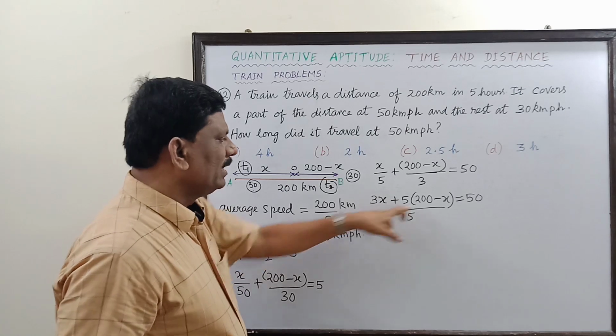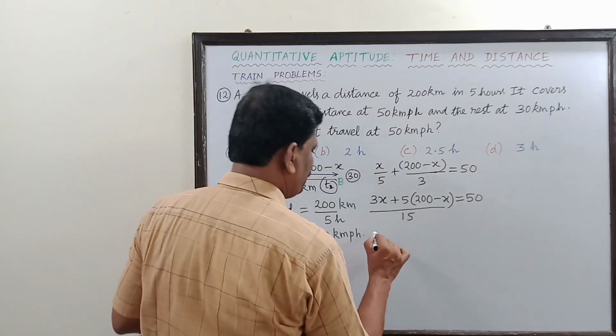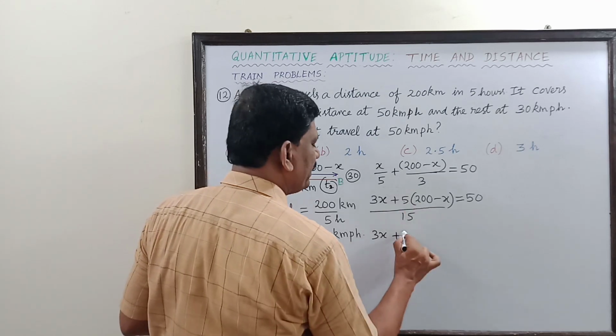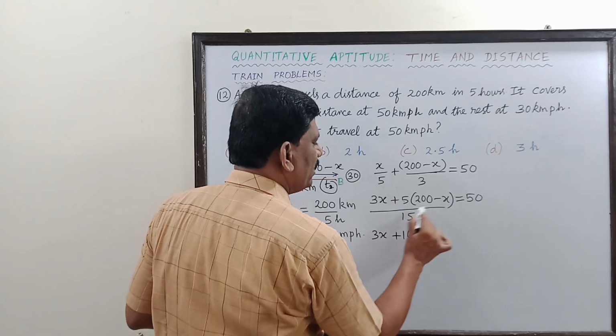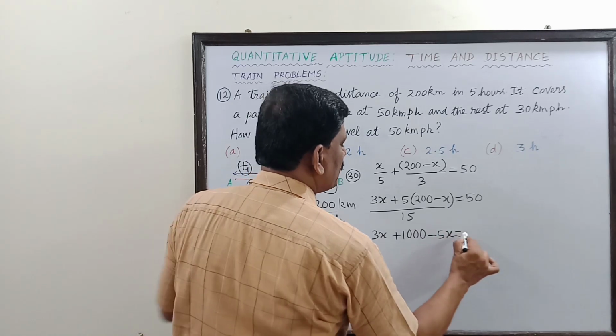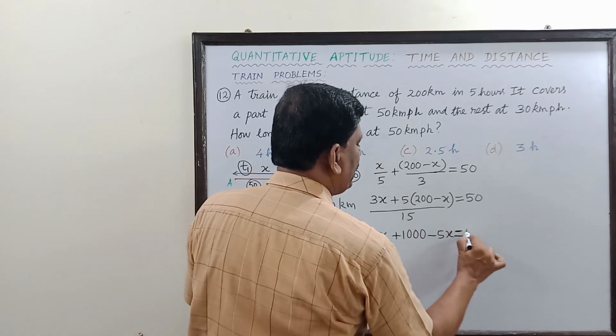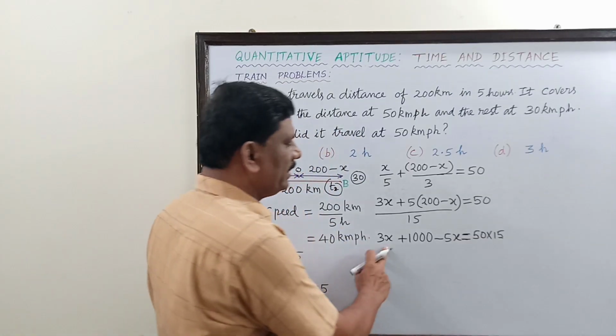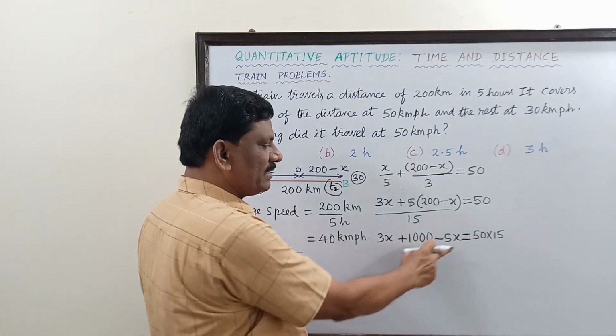Now I open up the bracket here. So the first term here is 3x plus 5 into 200, which is 1000, minus 5 into x, which is 5x. This is equal to 50 into 15. So 3x minus 5x is minus 2x.